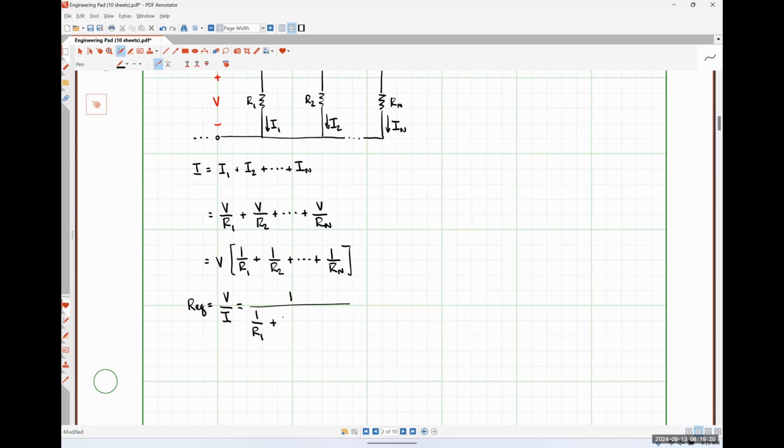So 1 over R1 plus 1 over R2 all the way out to 1 over R sub n, like so. And in a shorter form, this is 1 over the sum from i equals 1 to capital N of 1 over R sub i.